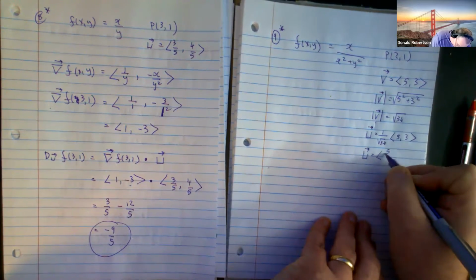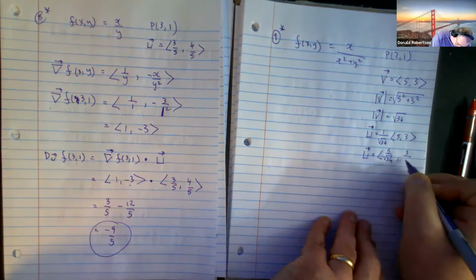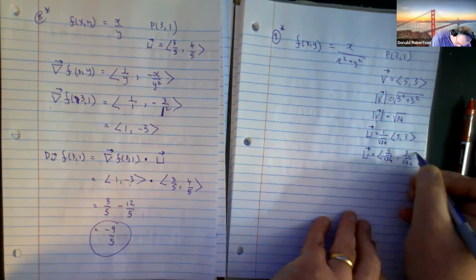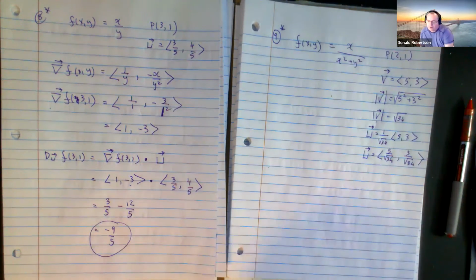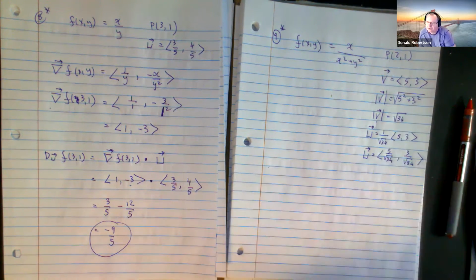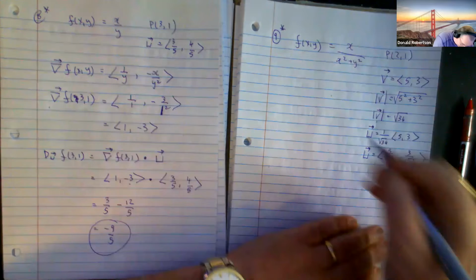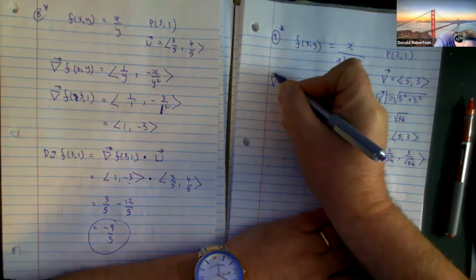So it's that guy over that guy. Are you comfortable about how I found the unit vector of v? You find its magnitude, and then you divide by that magnitude. We good? Right. So now I'm going to find the gradient vector.